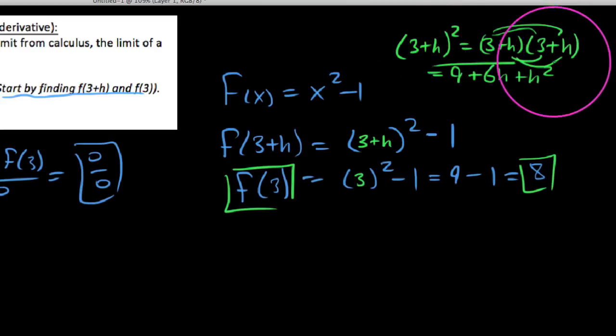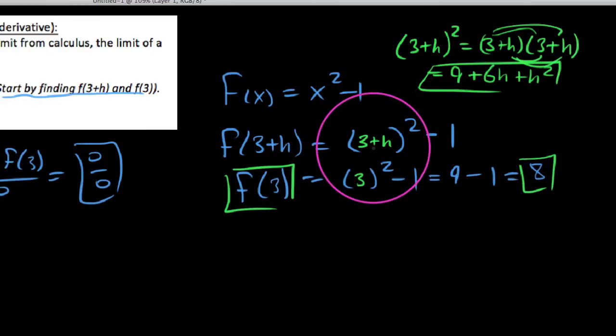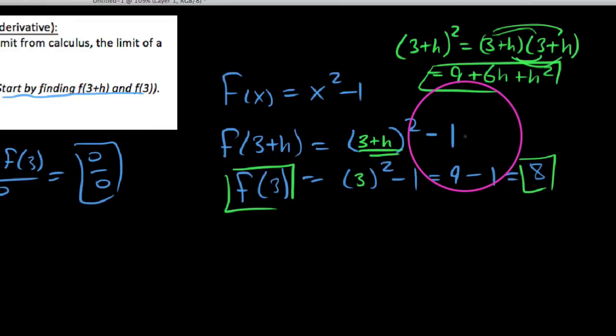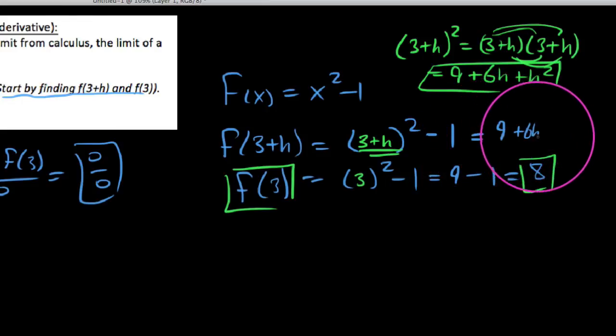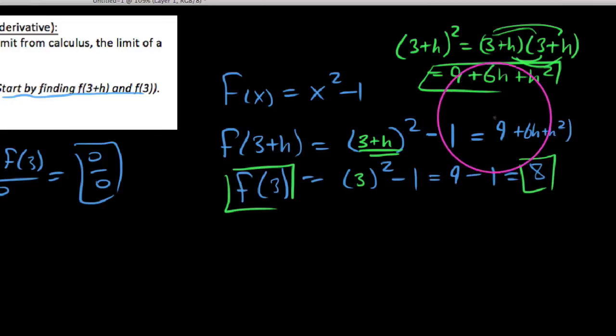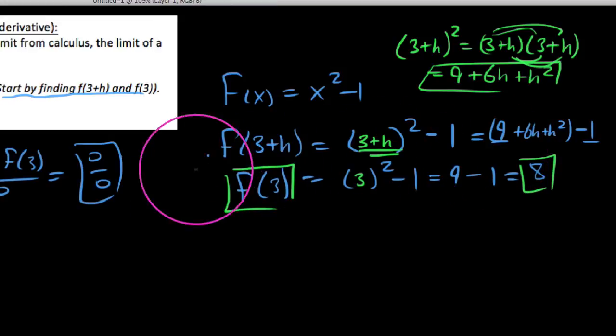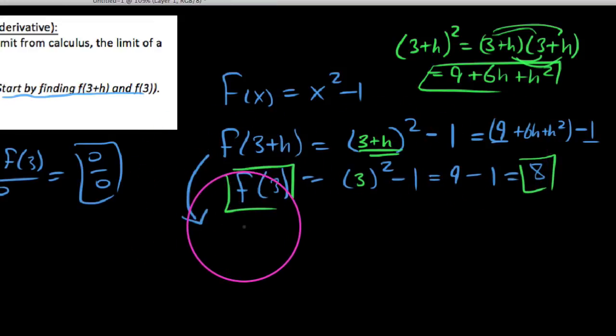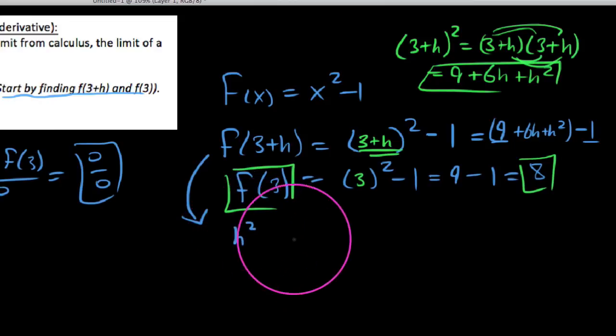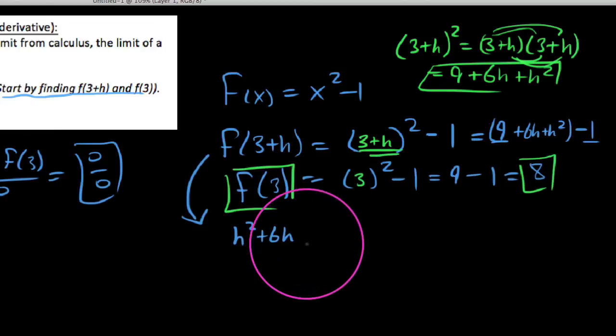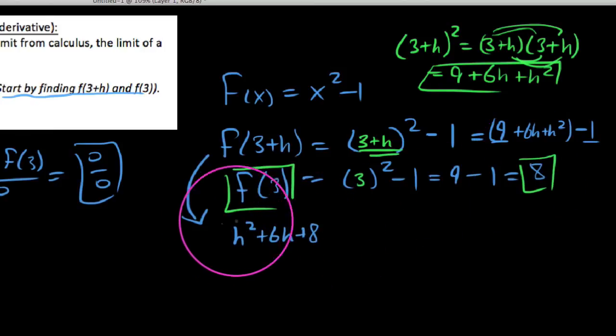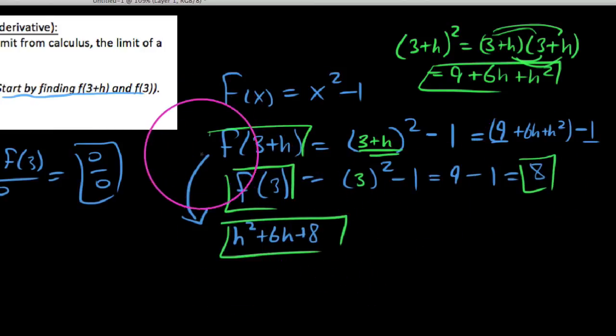But this is the value of the quantity, and we still need to subtract 1 off of that. So we would get 9 plus 6h plus h squared, minus 1. Combining like terms, the 9 and the negative 1 give us a positive 8. I'm going to put it in a different order: h squared plus 6h plus 8. And so this is the value of f of 3 plus h.